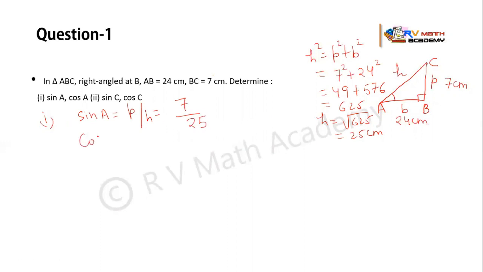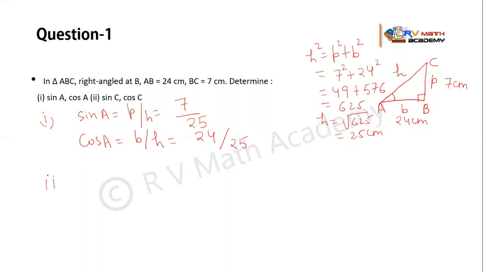If I talk about cos A, we know that the formula of cos A is base upon hypotenuse. Now in this case, my base is AB, and which is given, that is 24. So we can write it as 24. And hypotenuse is AC, and which is 25 centimeters. So my cos A will come out 24 by 25.